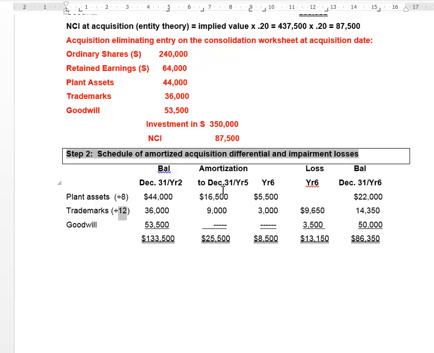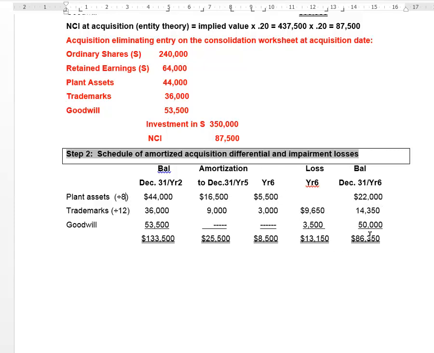That's year 3, 4, 5, and 6. So this 14,350 would be what's remaining to be amortized over the remaining 8 years. This again is 4 years because in total it was 8 years, and I've already carried out 4 years here.